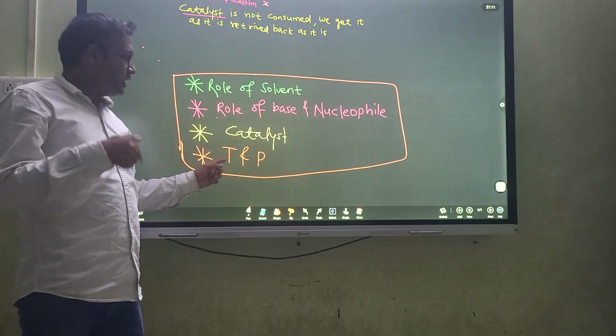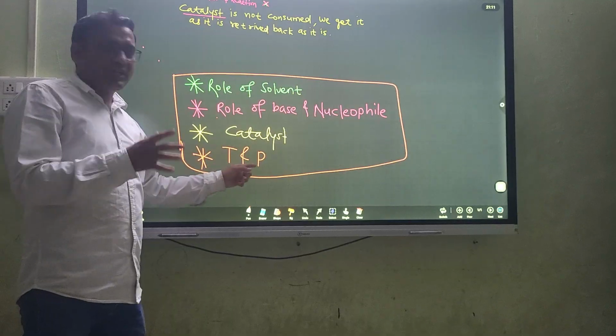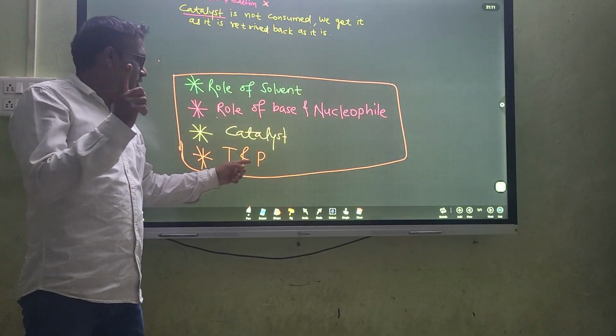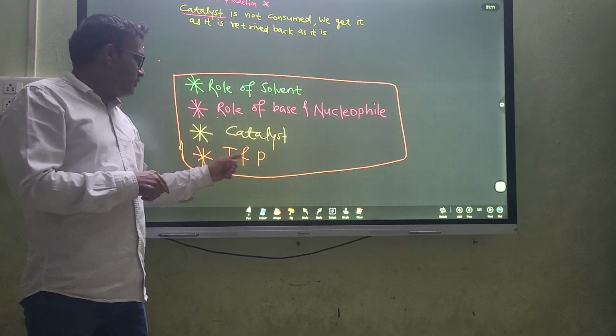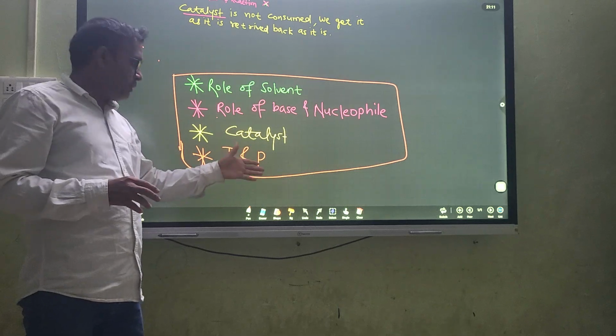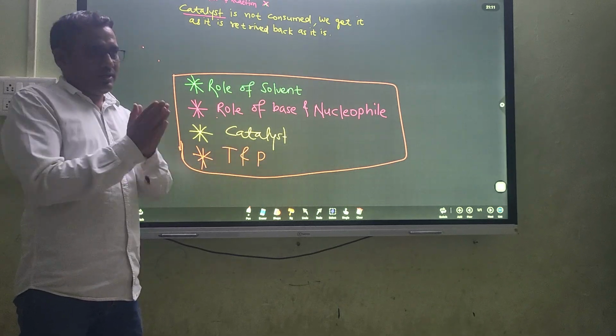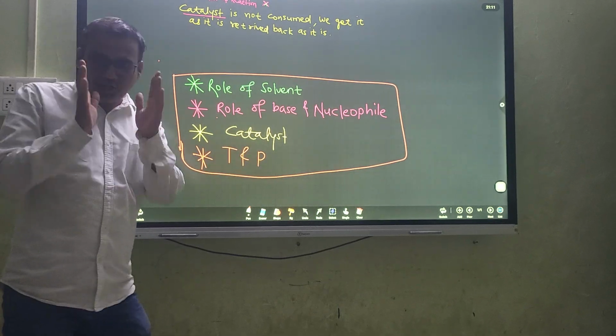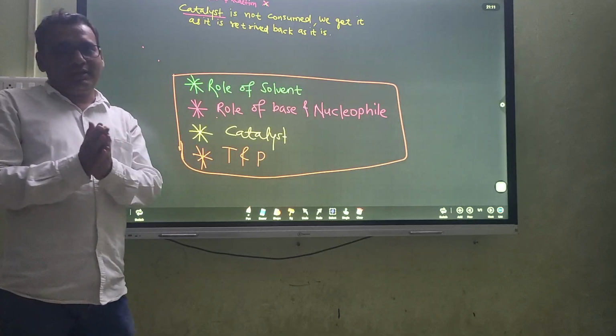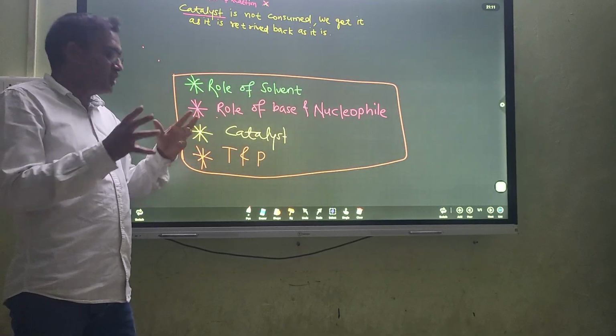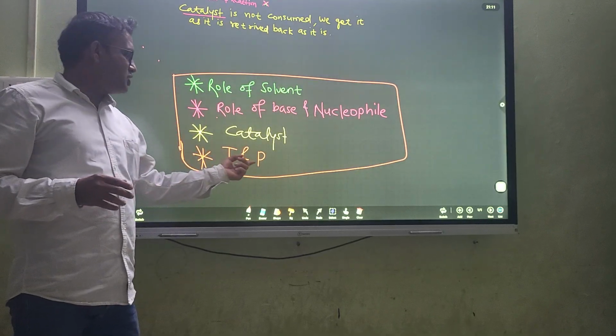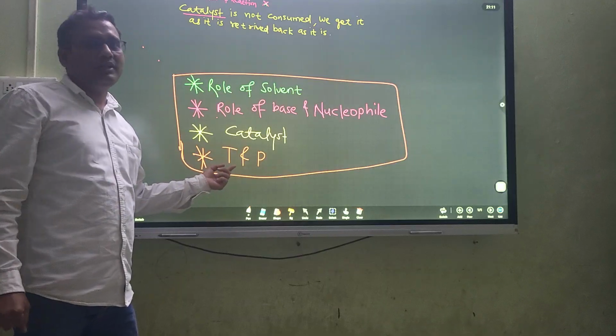Temperature is increased, and pressure is also important. Generally pressure or temperature is used in nickel H2 or dehydrogenation reactions. At that time the pressure and temperature play a very important role in the reactions.